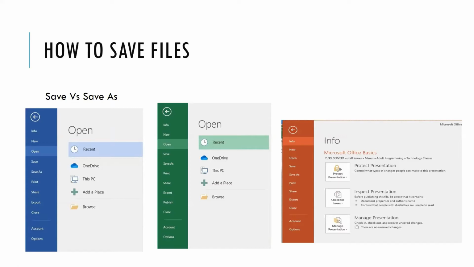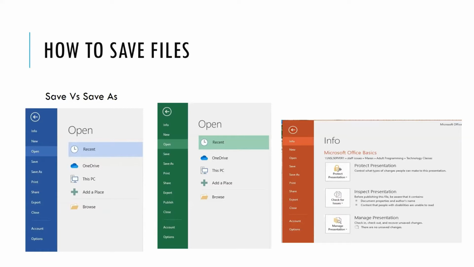So save as creates and saves a new document. Save, you just keep putting it into that old document. Save as will keep the old document that you were working on, but then it will create a new one with all the changes you've made. So you're mostly going to want to use save.